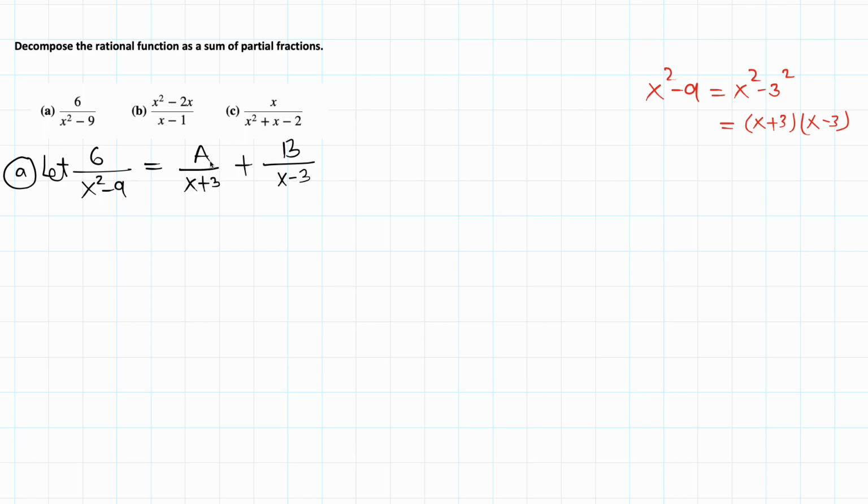Okay, so to determine A and B, let's do some work here. If we combine these two fractions, we need to make a common denominator.